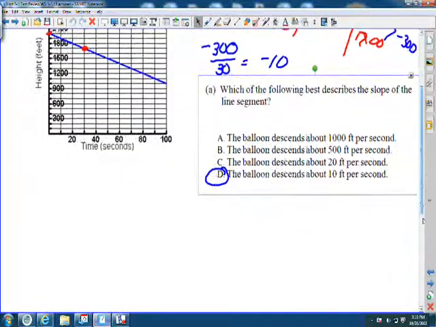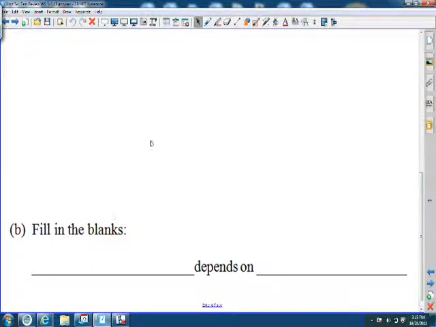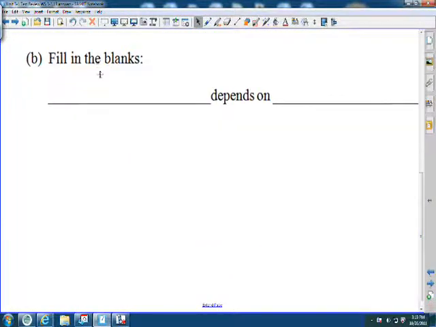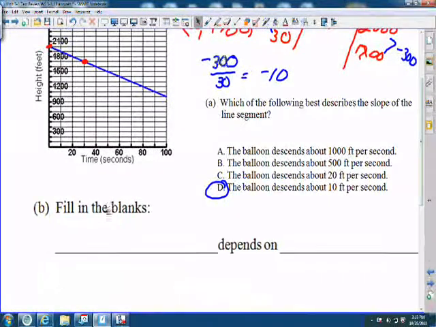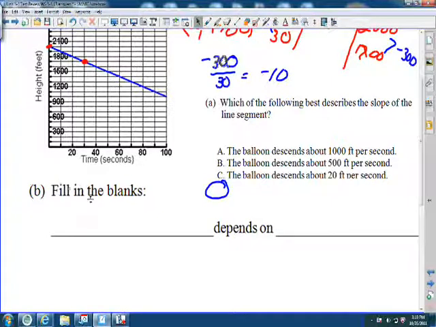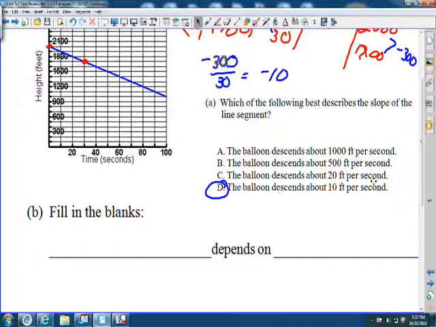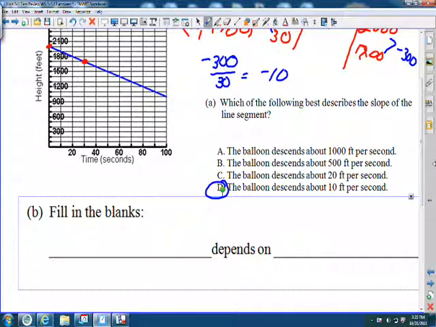Okay, and from this problem right here, I need to pull this up just a little bit. It's talking about blank depends on blank. So if you look here, you see that we should know that y depends on x.